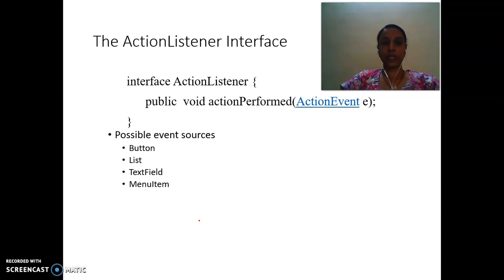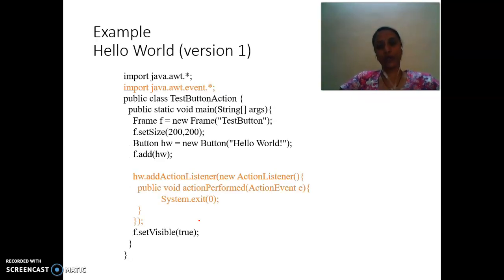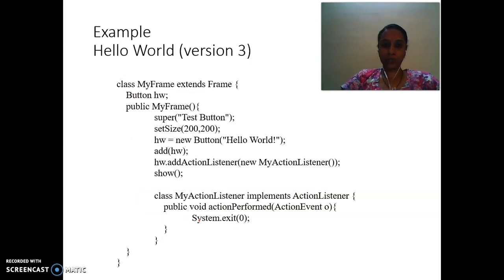Okay, now that's about the action listener interface, and in this you have your event source, that is button, list, text field and menu item. Now let me show you with one example. I think by this example you will have clarity on how you handle these events. So let me create a button called hello world. Let me show you the output first.